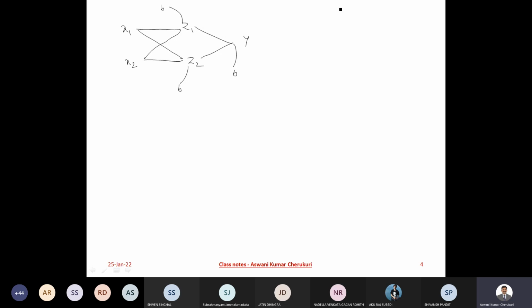So each output unit has a target, right? What we are going to do is compute the error as del k, or del y, whatever you call it.